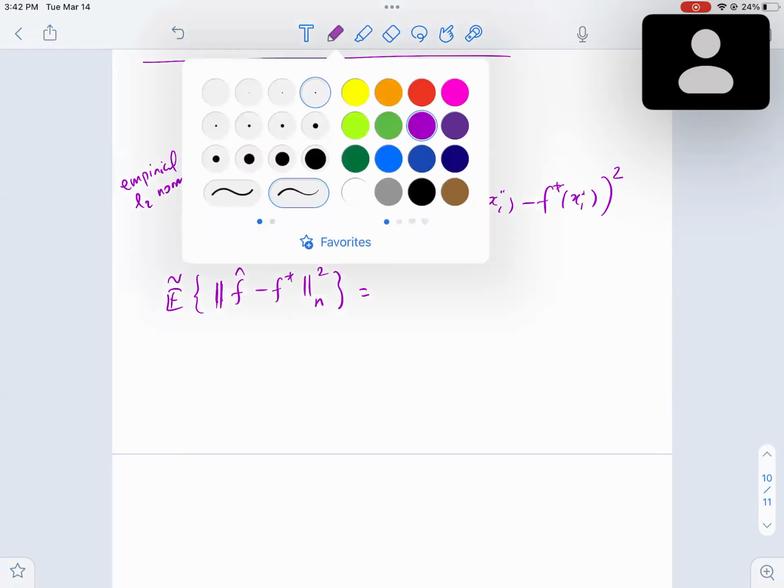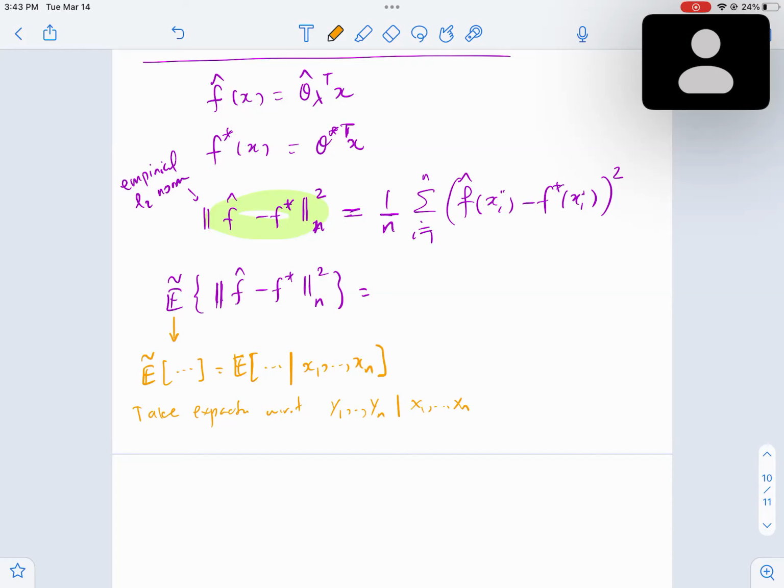So these training data will have some variation, which is caused by the noise, not by varying x. If I let the x's vary, there's some variation due to the fact that x's will also be randomly selected. But I'm going to condition on the training x's and then average out the variance.